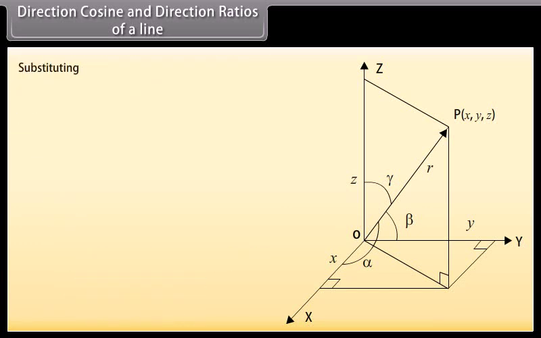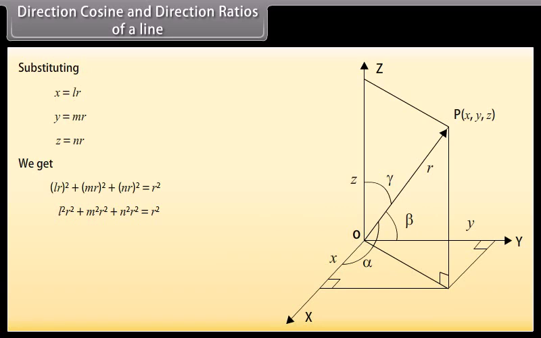Substituting x equals Lr, y equals Mr, z equals Nr, we get (Lr) square plus (Mr) square plus (Nr) square equals r square. L square r square plus M square r square plus N square r square equals r square. L square plus M square plus N square equals 1.